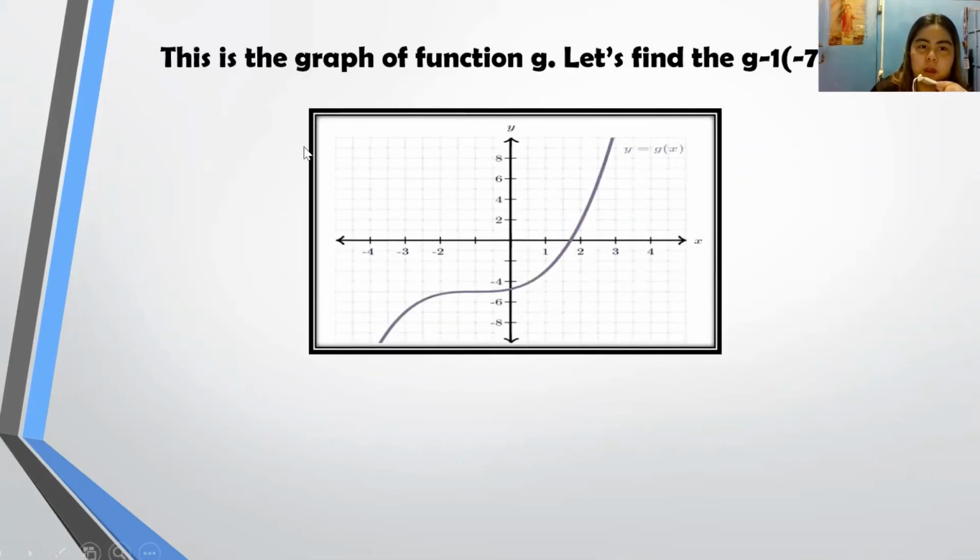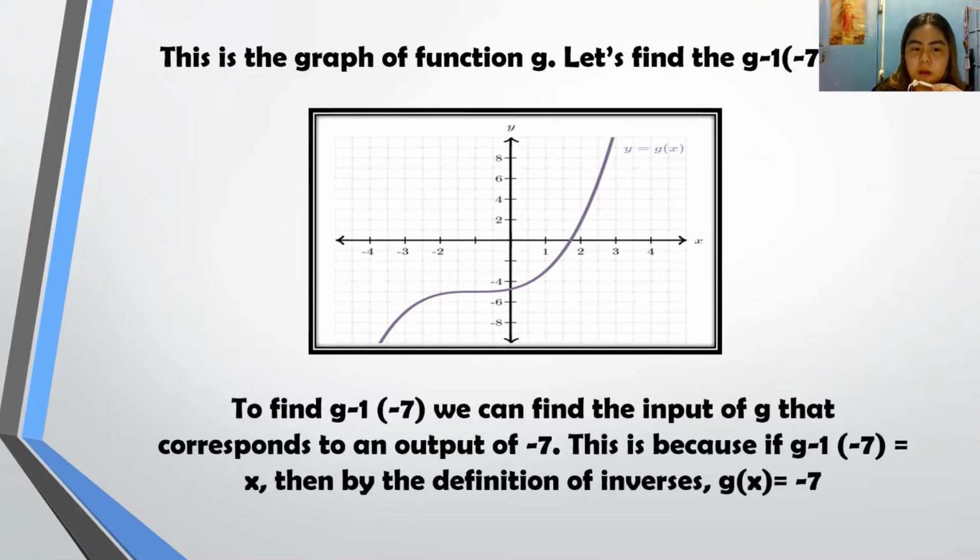These graphs show the function g. Let's find g inverse of -7. To find g inverse of -7, we can find the input of g that corresponds to an output of -7.